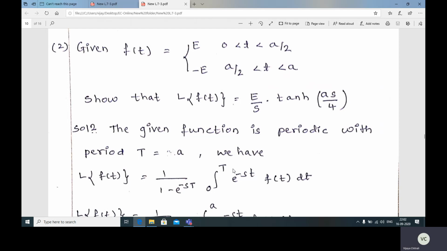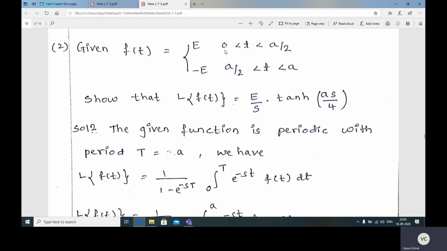Now move on to the next example. So it is a discontinuous function. Given f of t is equal to E, capital E, where t lies between 0 to a by 2, and f of t is equal to minus of capital E, a by 2 less than t less than a.